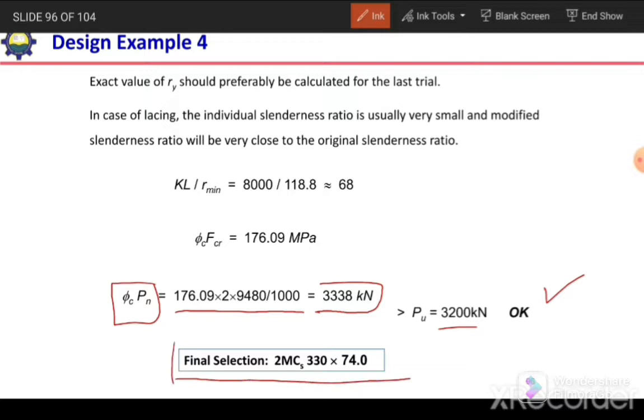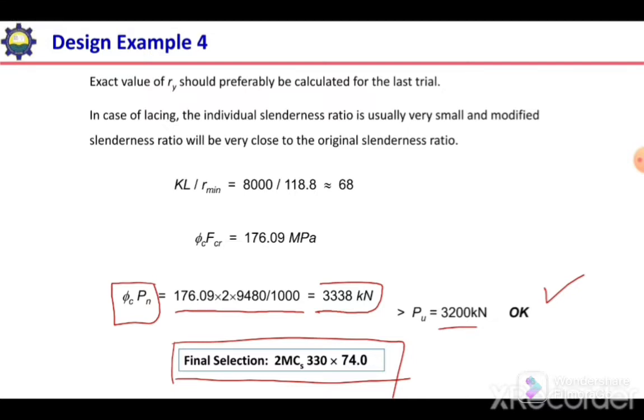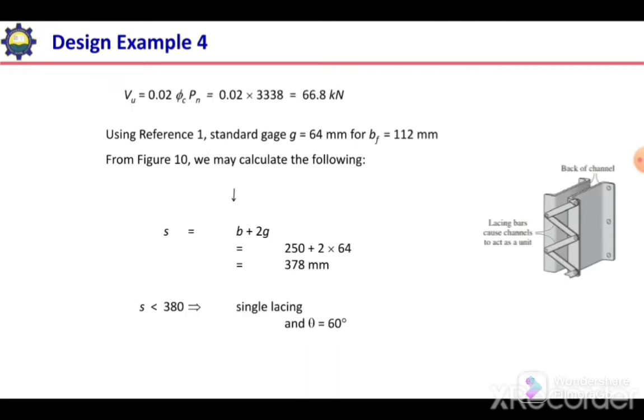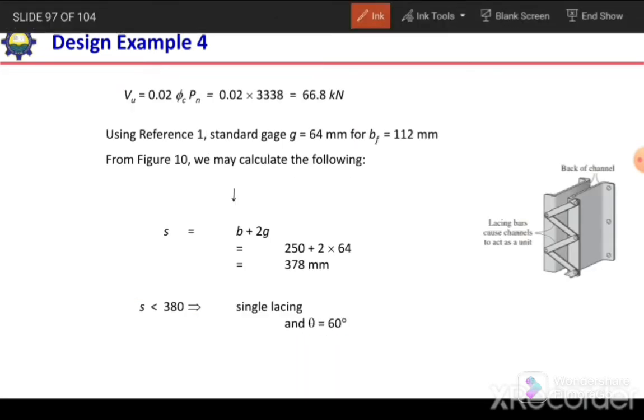So the final selection is this one, because this section satisfies the local instability, global instability, as well as the strength checks. Okay, after finalizing the section, we need to design the lacings. To design the lacing, first we need to calculate the shear force that this lacing must resist.